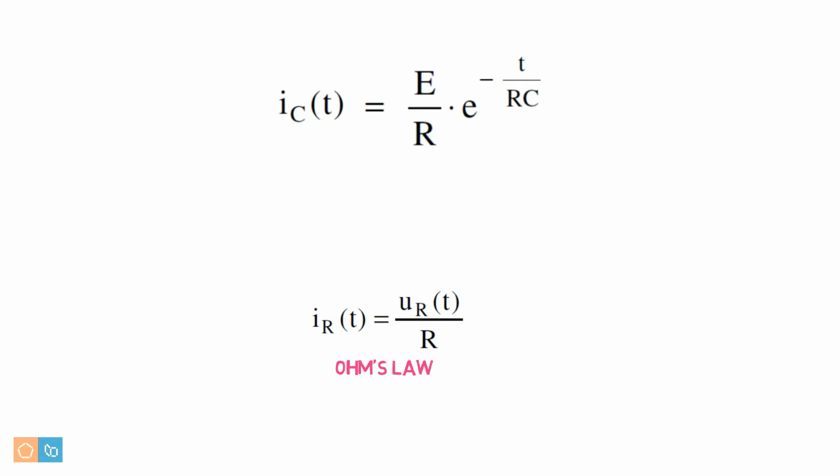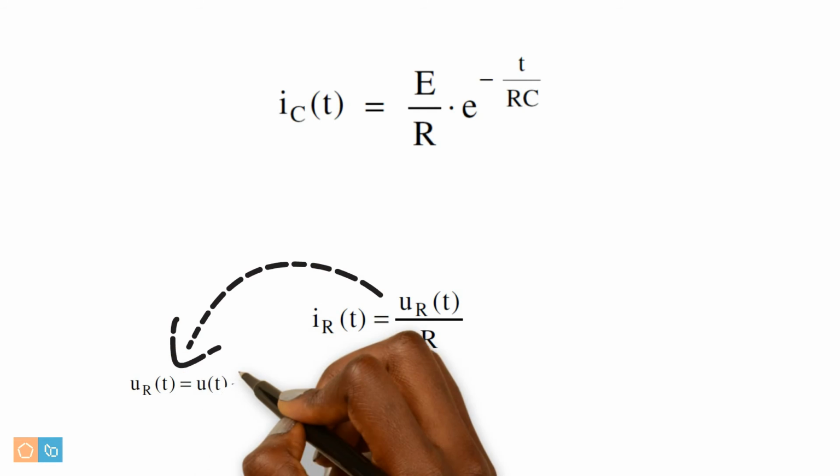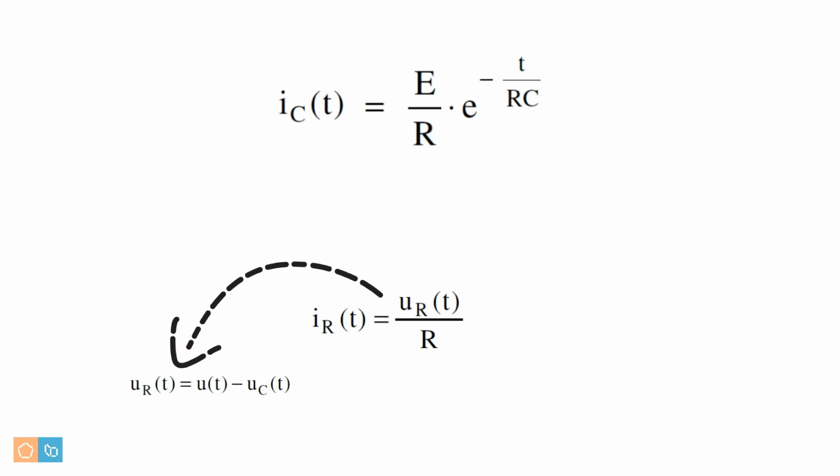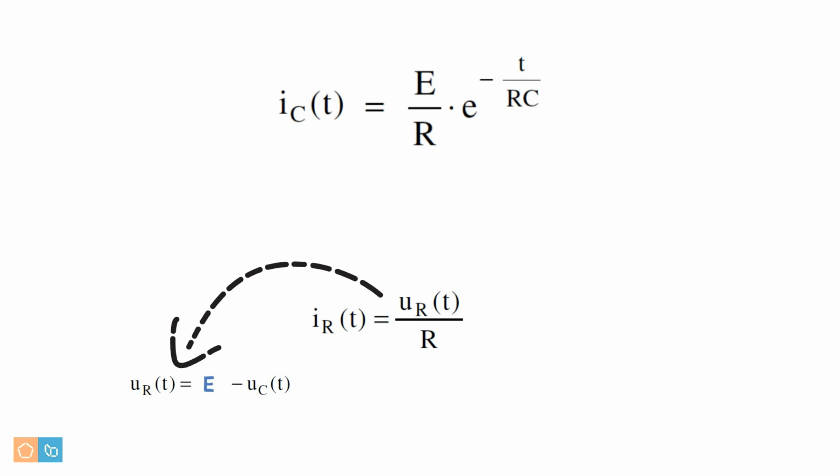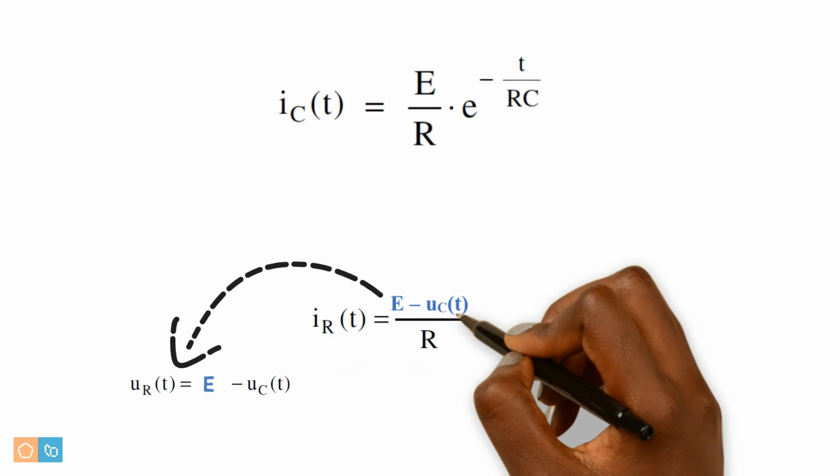IR equals UR divided by R. In the circuit, the voltage across the resistor is given by UR equals U minus UC, in which, according to the initial conditions already referred, U equals E. So, the voltage across the resistor equals E minus UC.